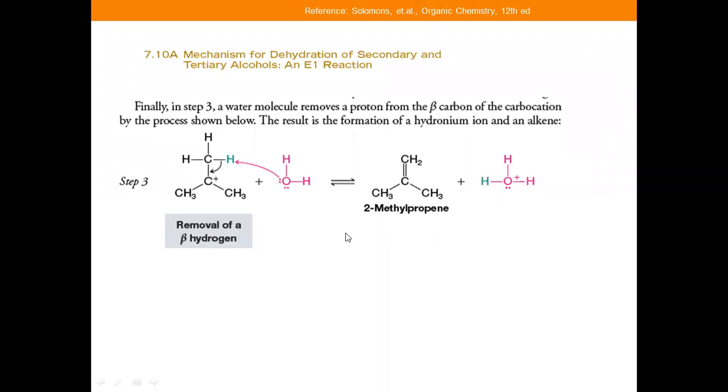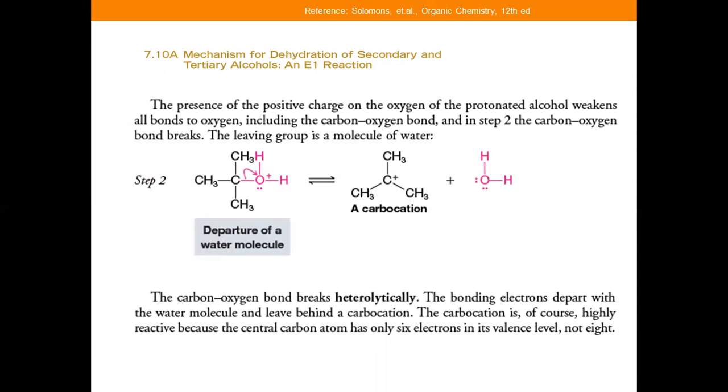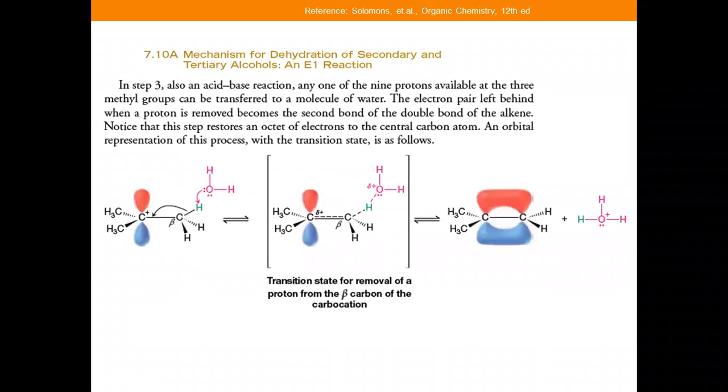Once your carbocation is present, our base will abstract the proton adjacent to the carbocation, and then you will get your double bond plus your H3O+. So there are 3 steps in the E1 reaction mechanism. In the same way that we did the carbocation in dehydrohalogenation, we also obtain our carbocation in the E1 mechanism.